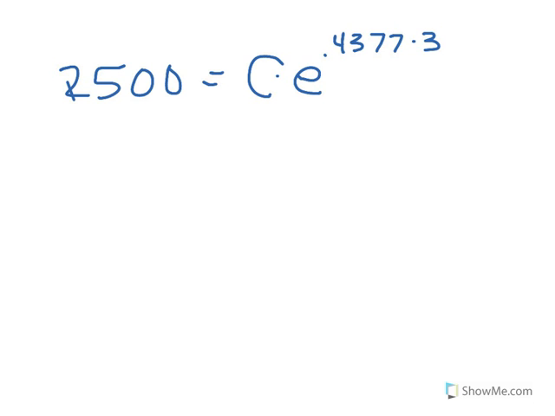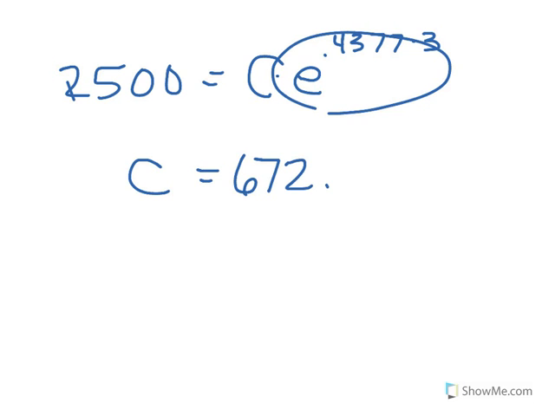When you solve that for C, you're going to take 2,500 divided by what you get when you evaluate this value over here. And you're going to get the fact that C equals 672.392. You might take a minute to pause the video and just make sure you can get that. Again, try to store that in your calculator without round off.